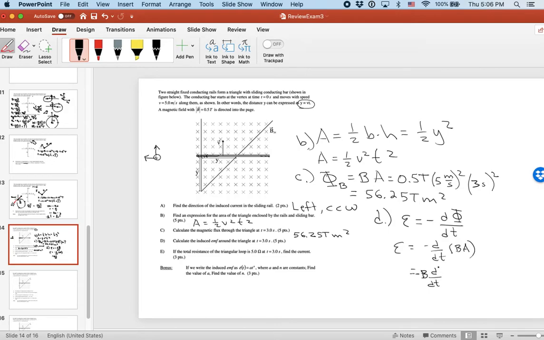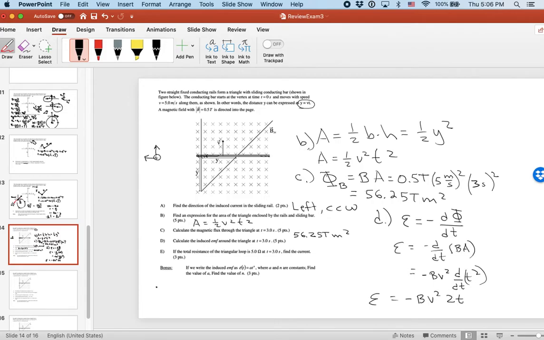And then my v is a constant, so I can pull that out too. So we'll say negative B times v squared, and then I'm just doing d dt of t squared. And so that's going to equal negative B v squared times 2t.